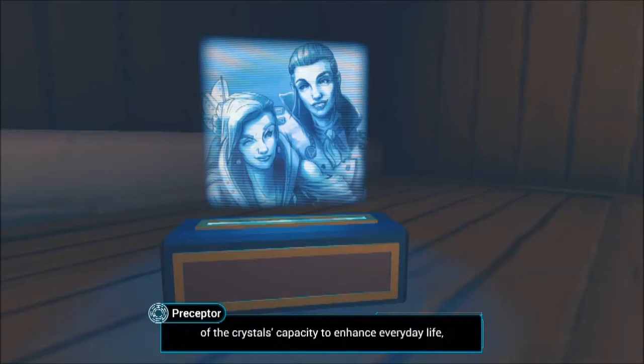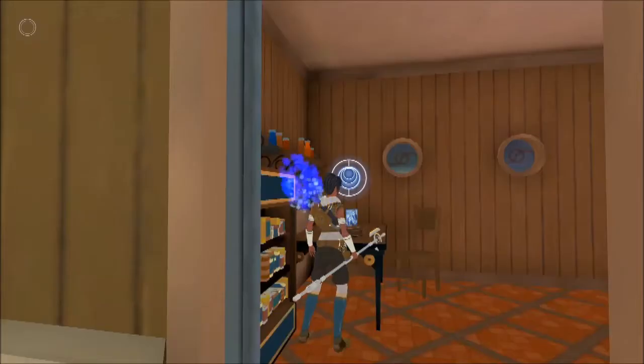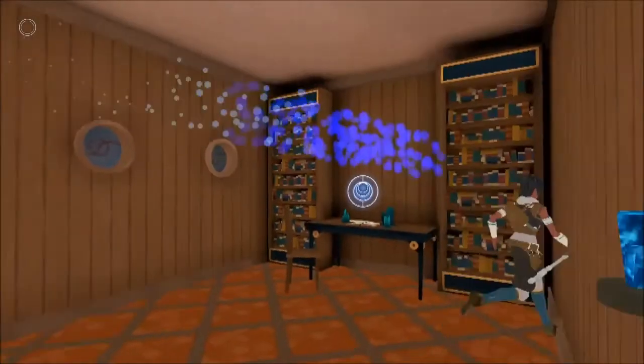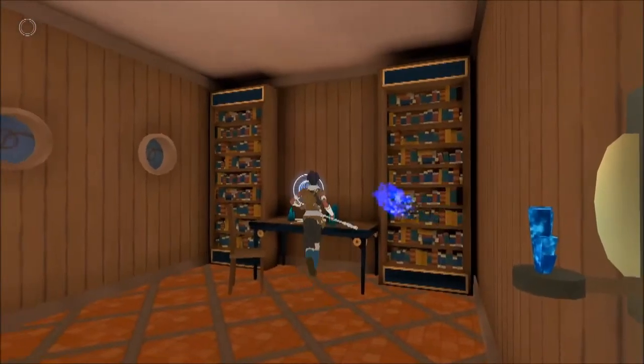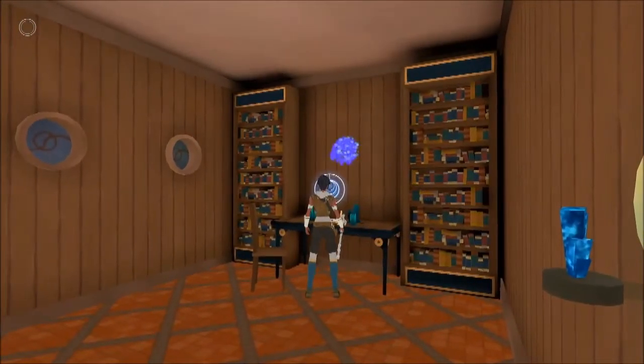Vatra spoke instead of the crystal's capacity to enhance everyday life, to create superior housing, new transportation systems, and practical improvements to all aspects of Manthan life. Kalos was so moved by his daughter's visions that he decreed that each should have a city built in their name, where their dreams could be made a reality. End of log.